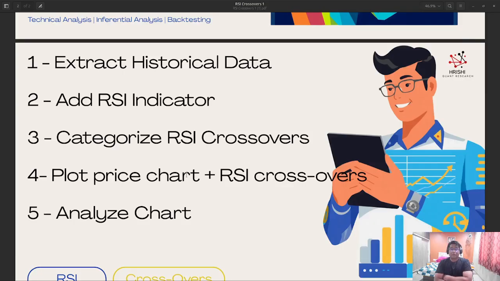On the normal price plot, we will have a first price plot where we will mark where RSI has crossed above 10.